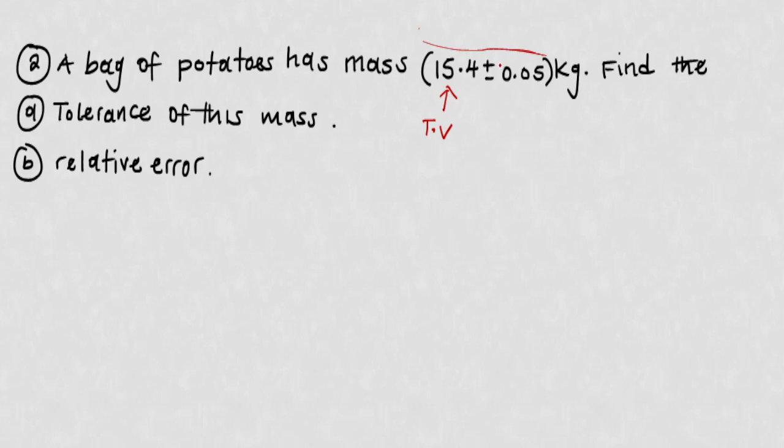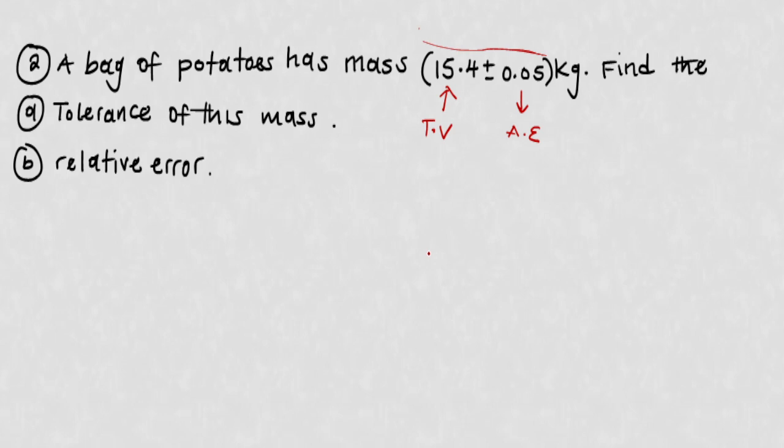Then the number that comes after the plus or minus is always the absolute error. So we have the true value and we have the absolute error. You have to be very careful here.